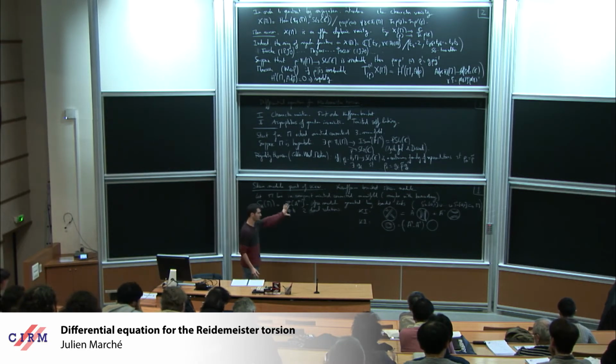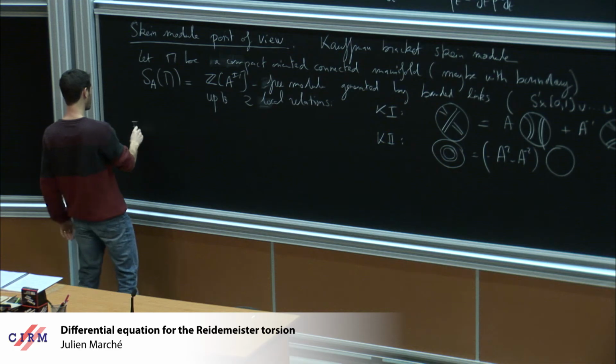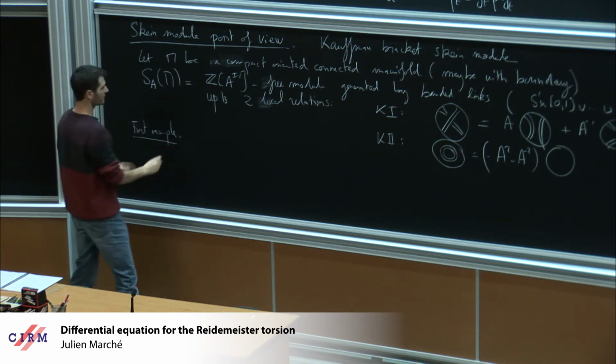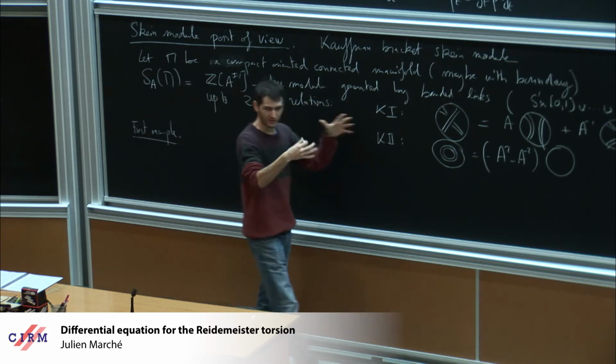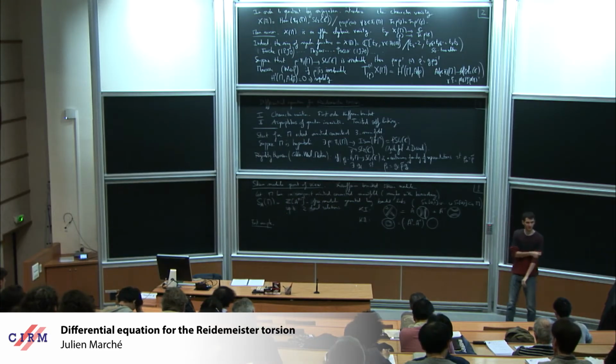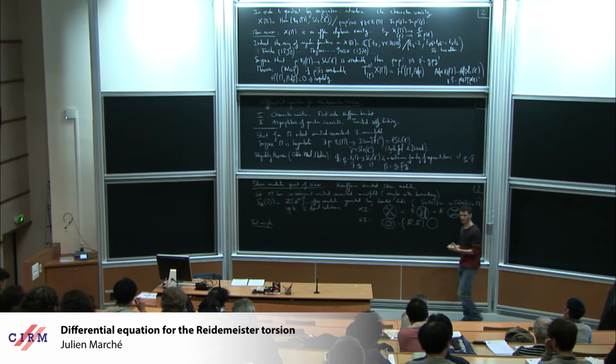So this is a well-known module, and we don't know many things about it, indeed. But at least one thing is known. Here I use a kind of general module, where A is a kind of formal variable. But in all my cases, I will take as A some specific element.